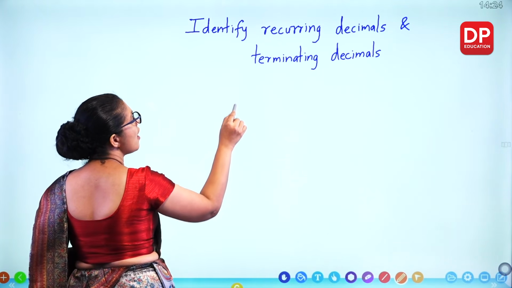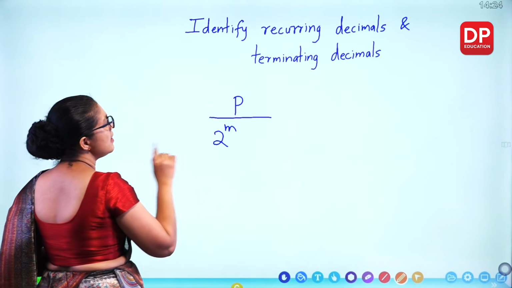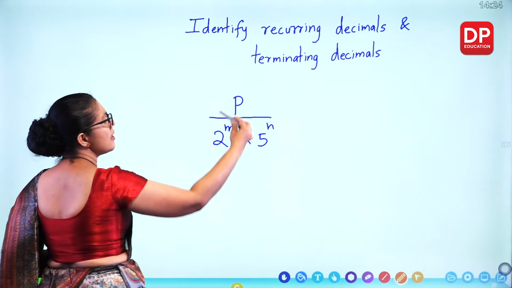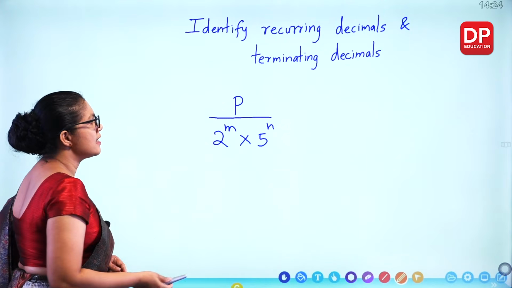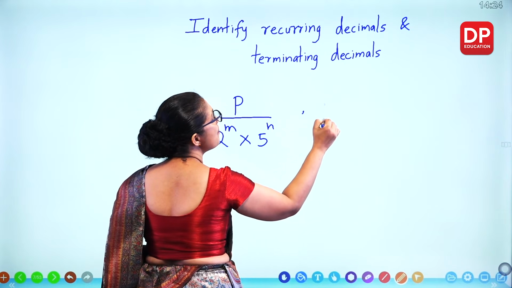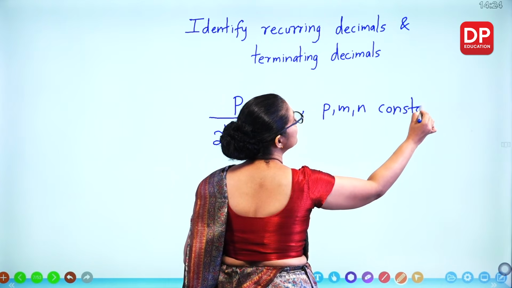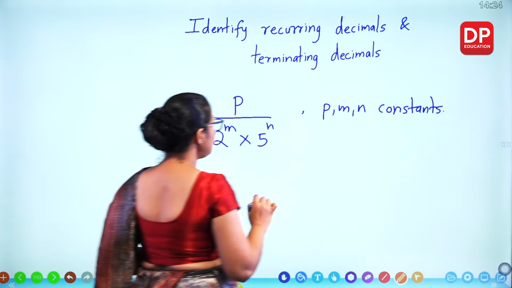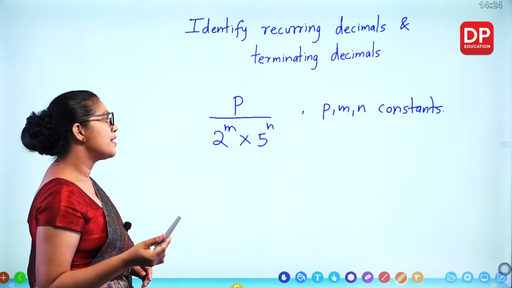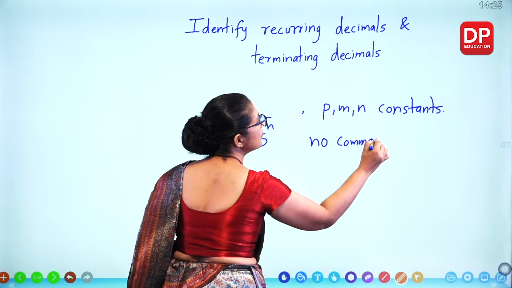If we can write any decimal in this form, where P is a constant, M, N also constants, and you are not getting common factors in the numerator and the denominator.